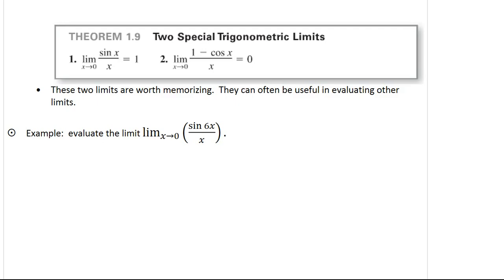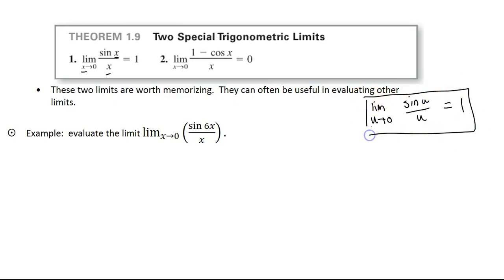So for example, if you have the limit as x approaches 0 of sine of 6x divided by x. So one way that you can think about this is the variable doesn't have to be an x for this to be true as long as all three of these variables are the same. So we can replace them all with a u, and that would still be true. So this is one way that you could think of it.